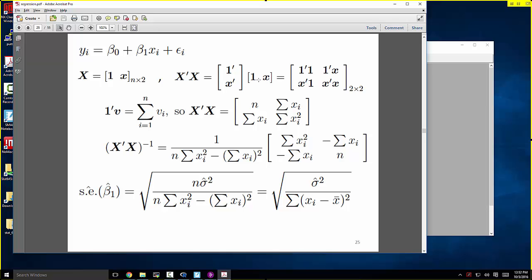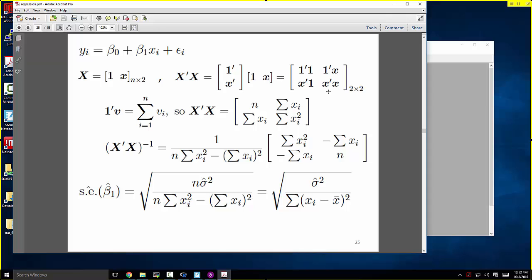So X transpose X is going to be, in the first row, first column element, the first row of this dot product with the first column of that, 1 transpose 1. First row, second column is the first row dot product with the second column, or 1 transpose x.